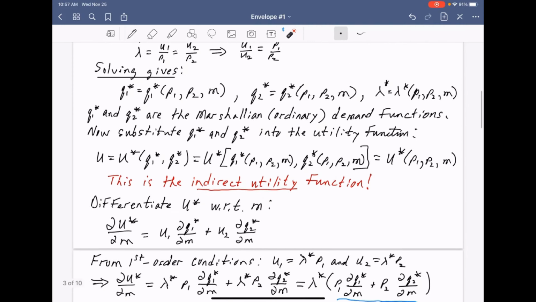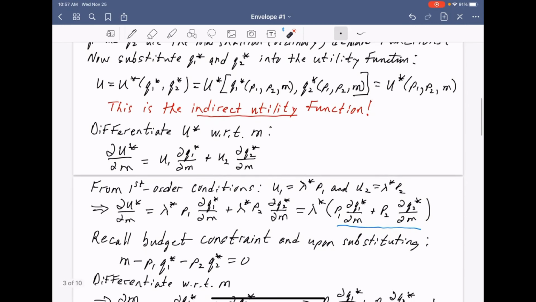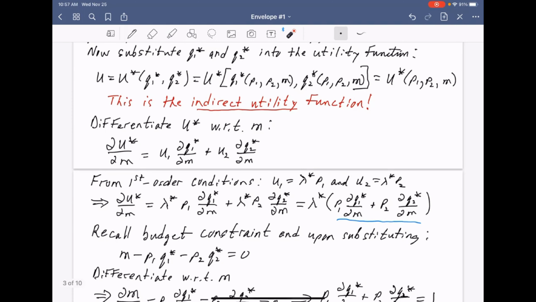Now, we can differentiate that indirect utility function with respect to the income, and when we do that, we get this expression here.